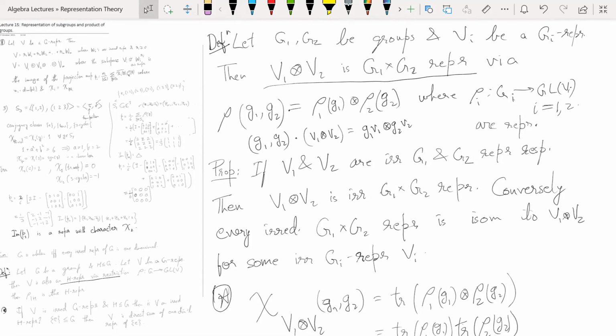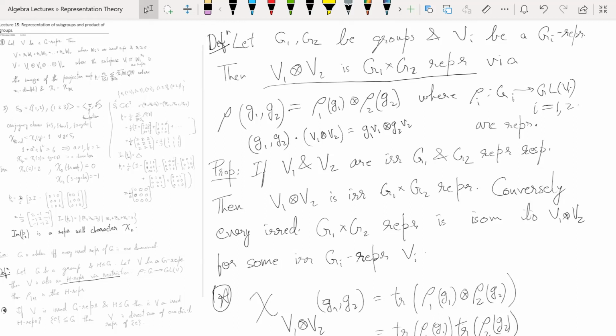So in fact, what is true is that if V1 and V2 are irreducible G1 and G2 representations, then the tensor product is also an irreducible G1 cross G2 representation. And conversely, every irreducible G1 cross G2 representation is in fact isomorphic to V1 tensor V2.